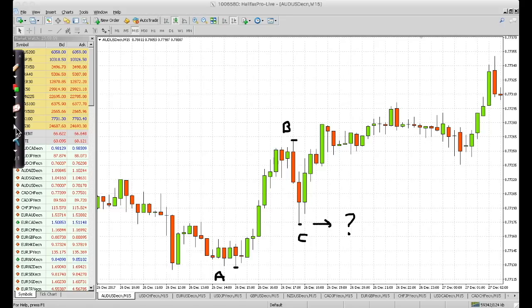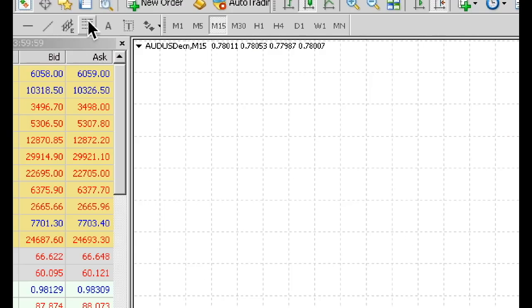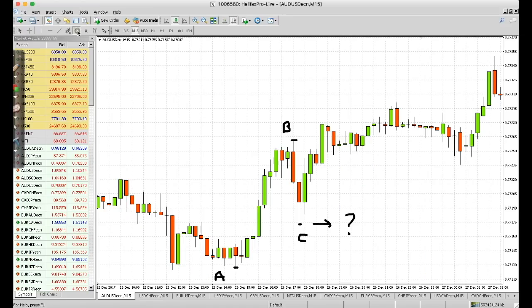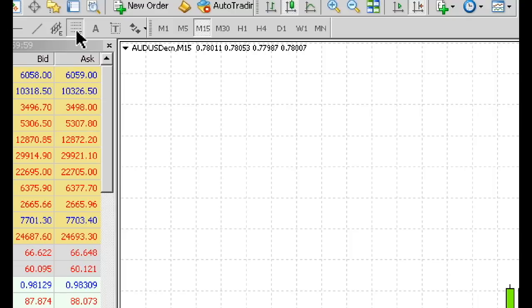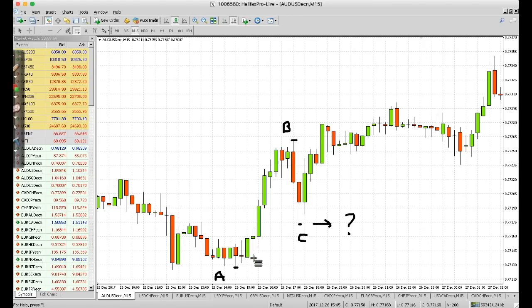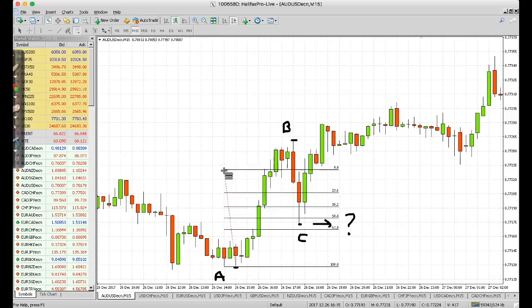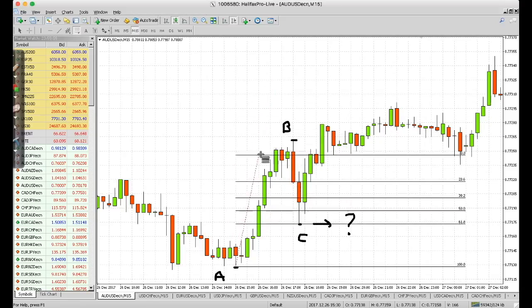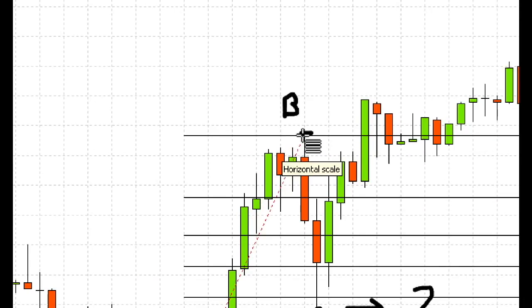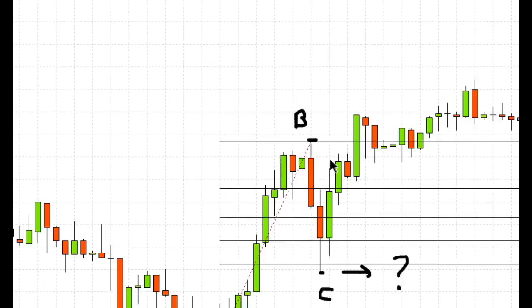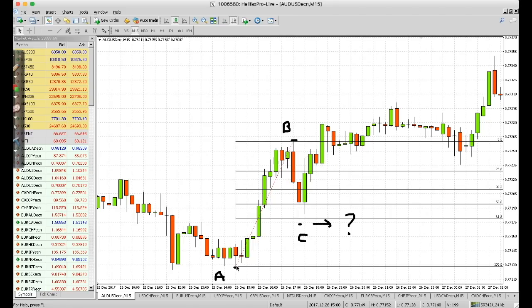So to find out, what do I do? I go to this tool called the Fibonacci tool, click on that, right? Click on that, and I click on A, click there, okay? And you can see I can move it around, and I drag it to B. There we go. And release it, right? So click on A, drag to B, and what do you notice?